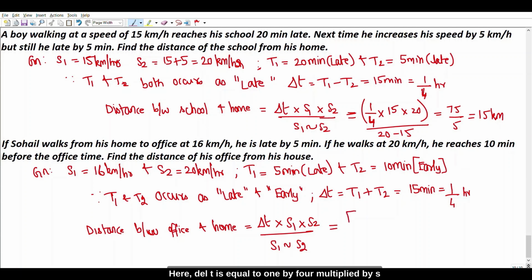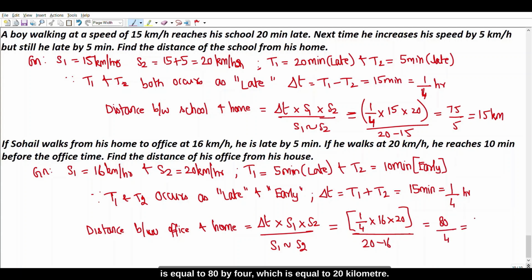Here delta T is equal to 1 by 4 multiplied by S1 16 multiplied by S2 20, the whole divided by 20 minus 16, which is equal to 80 by 4, which is equal to 20 kilometer.